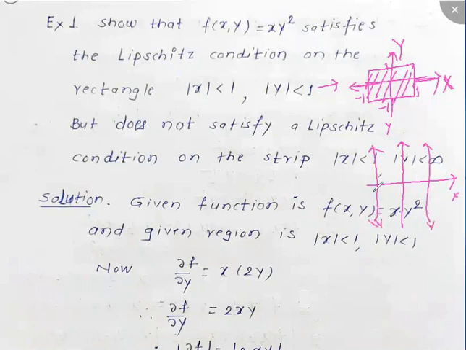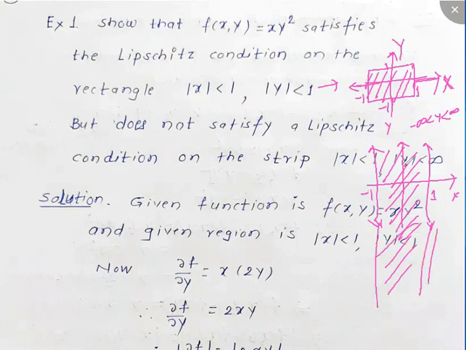This is the range for x. But what is the range for y? Mod of y less than infinity, so y can be any value up to plus infinity, up to minus infinity, in between x equal to minus 1 and 1. So this is a strip of infinite length in between plus 1 and minus 1.